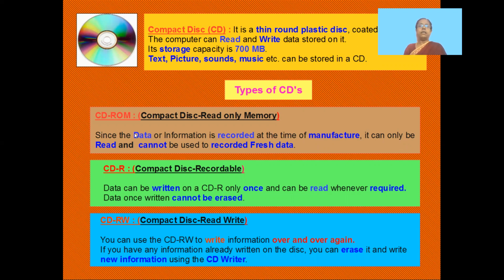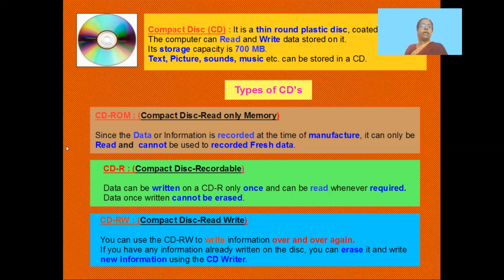Under the CD, you have different types of CDs. Let's see what a CD-ROM is. CD-ROM means compact disc read-only memory. When the words read-only memory come, you should know that any data or information that is recorded in the CD is done at the time of manufacturing.